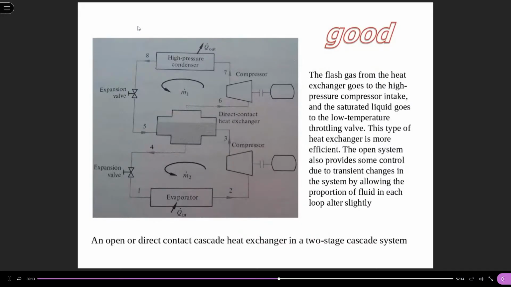And also, for this one, we sometimes also call it a flash chamber. So in the flash chamber, the saturated vapor will be sucked by the high pressure compressor, and the saturated liquid will go to the expansion valve, the low pressure expansion valve, for throttling.